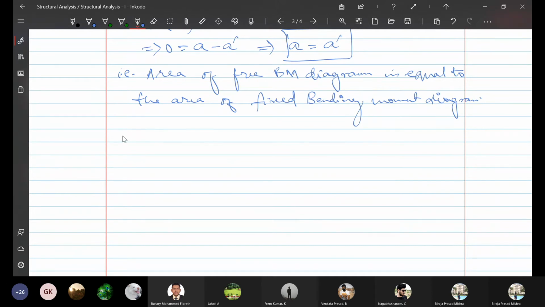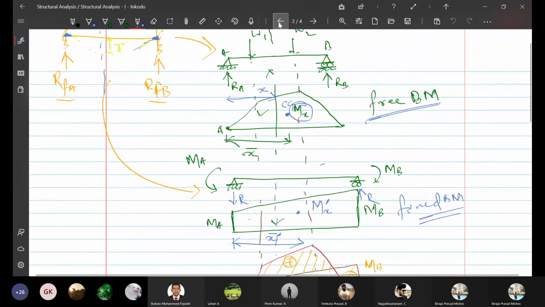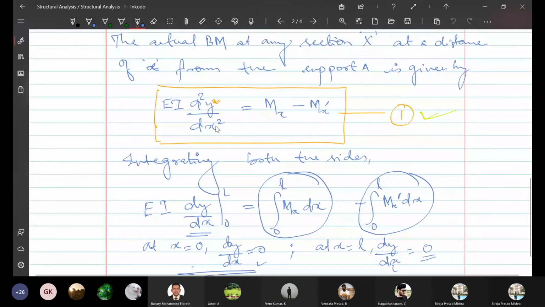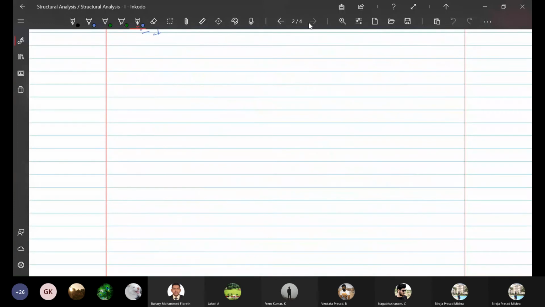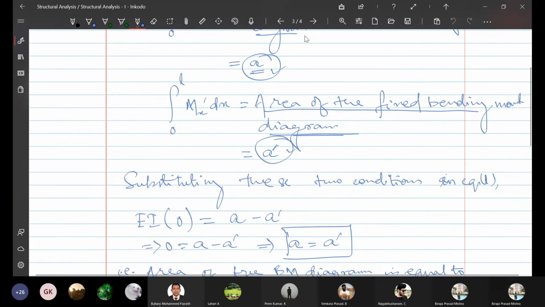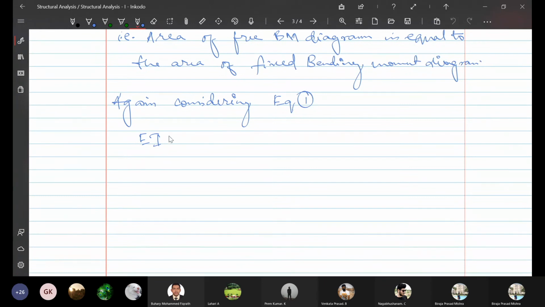And let us consider again equation 1. Now what is equation 1? As I told earlier, equation 1 is d square y by dx square equals to Mx minus Mx bar.